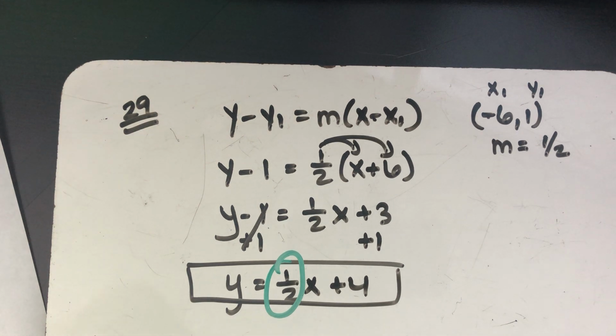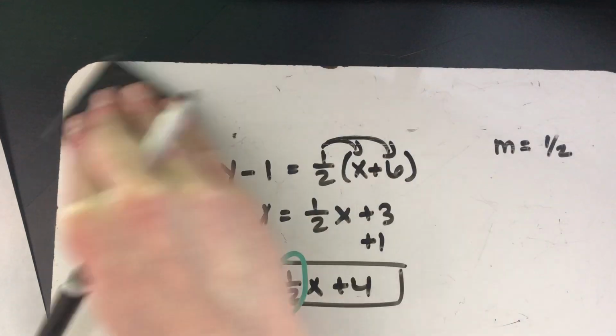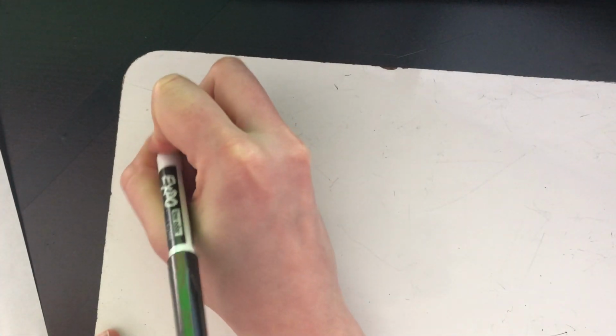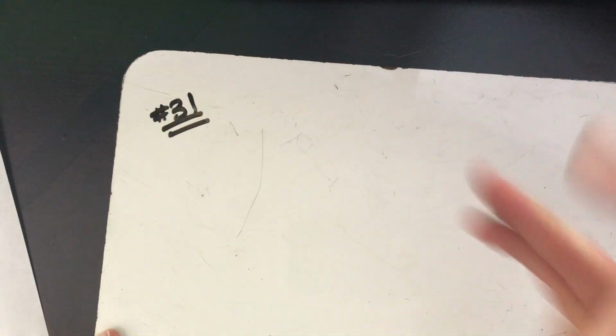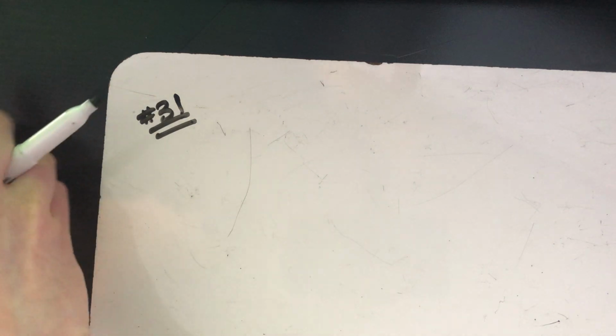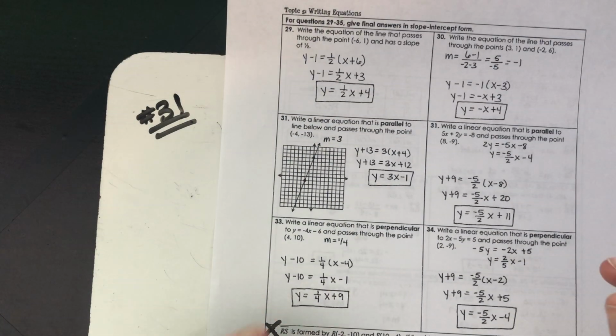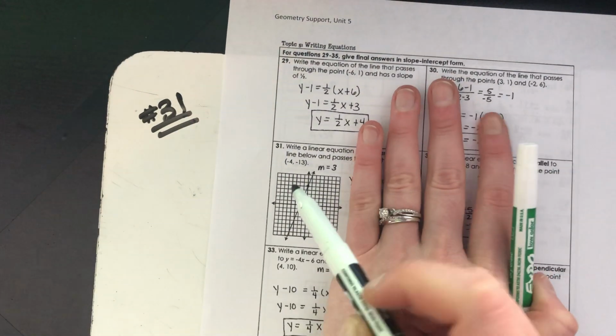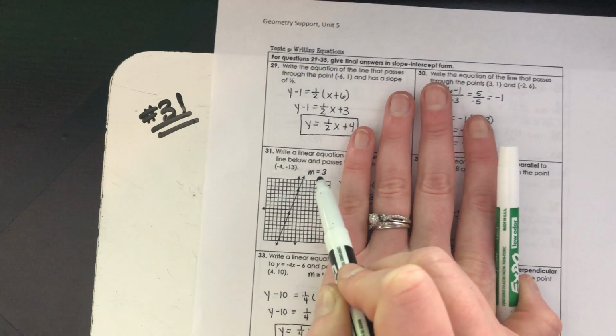So let's apply that. Number 31 is a good one because you will be given problems on the test where you need to identify the coordinates and then show me what to do. So for example, number 31, they give me the graph. I wish I could zoom in, but because of my phone, all right, they say that the slope is 3.